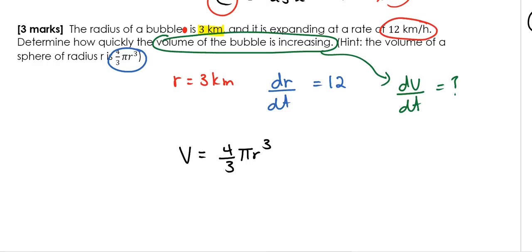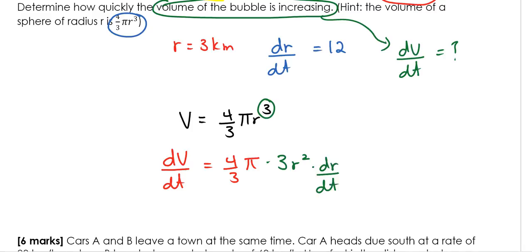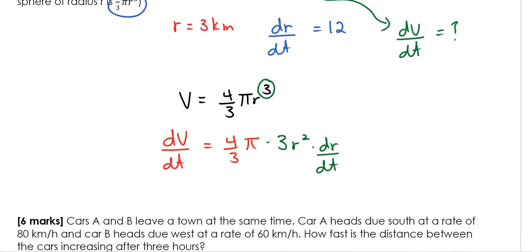Now in order to get my dV by dt, I just take my volume formula here and I take its derivative. So this will be dV divided by dt equals 4/3 pi, that's just a constant, and then I have this 3 right here. If I take the derivative, this is going to be 3 times r squared times dr by dt. All I have to do now is just plug in the numbers here.